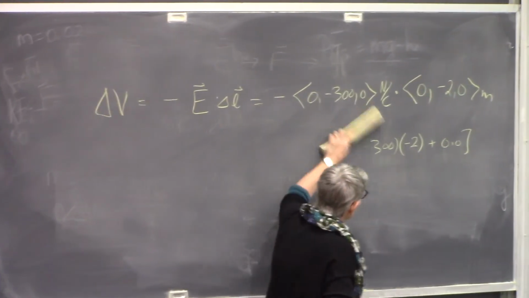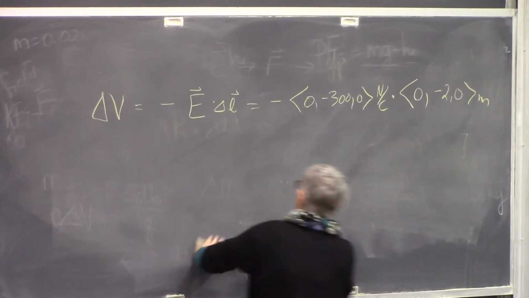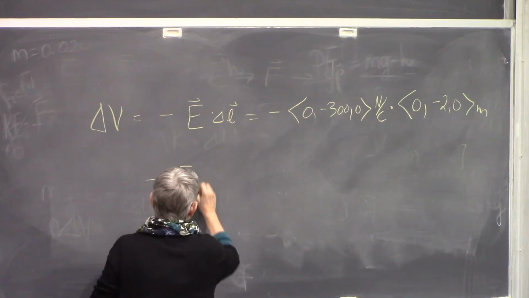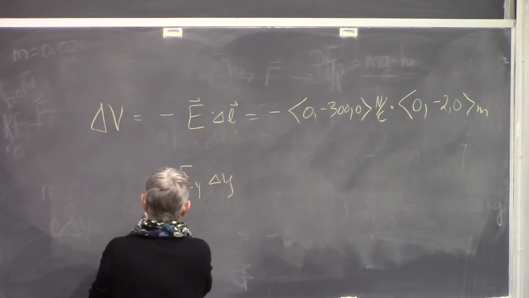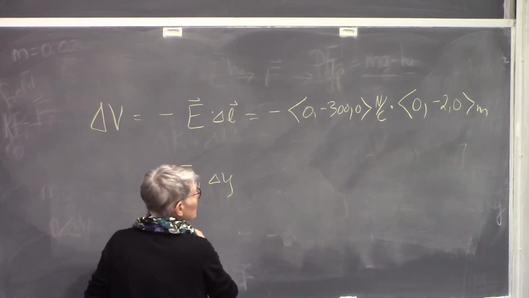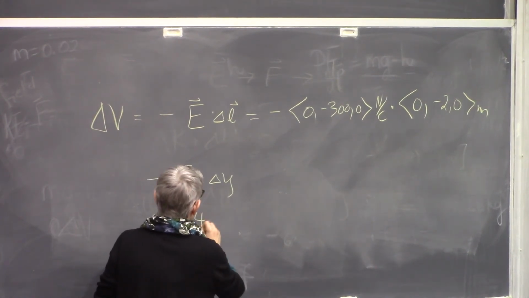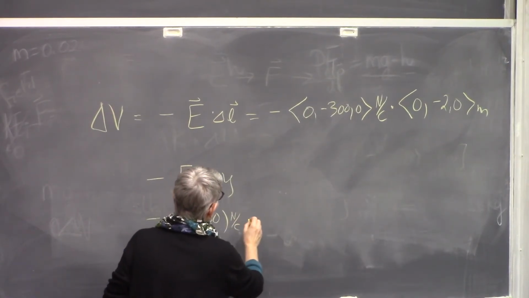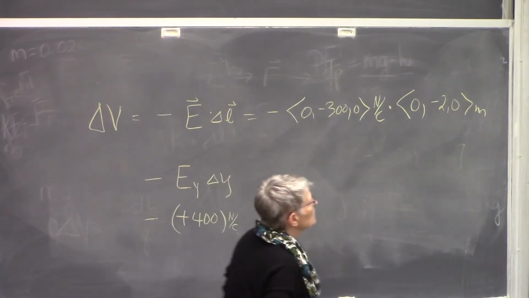here we have a minus E sub y delta y. So we have a minus plus 400 newtons per coulomb times delta y.